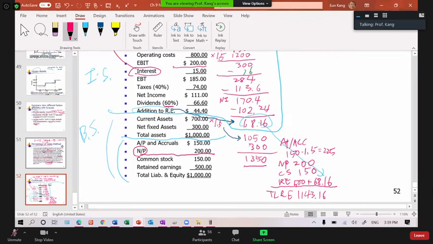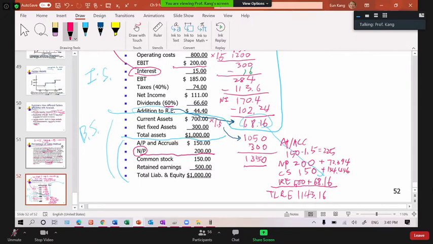But right-hand side, the notes payable plus 72.394. And common stock, you add 134.446.